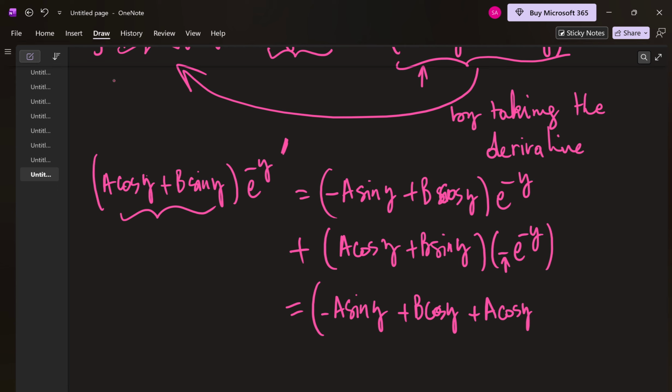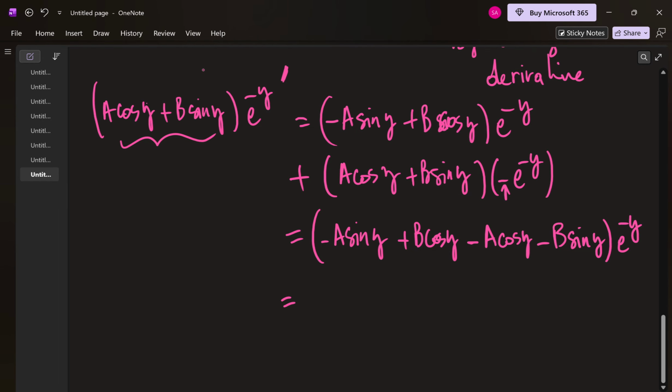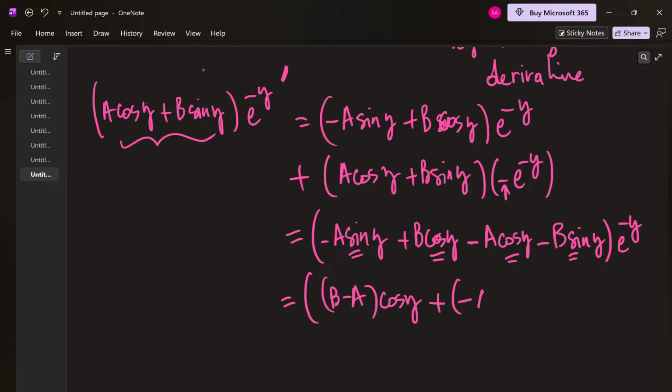So when we distribute, it becomes minus a cos y minus b sine y, exponential minus y. So this is equal to (b minus a) times cosine y plus the second one, we have minus a minus b sine y, exponential minus y.